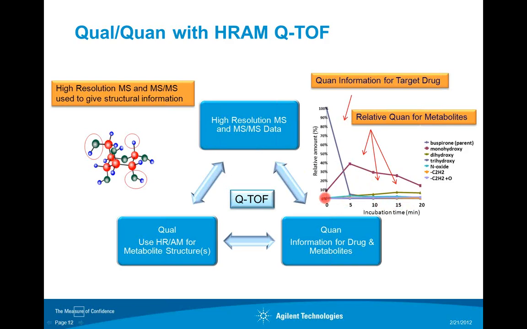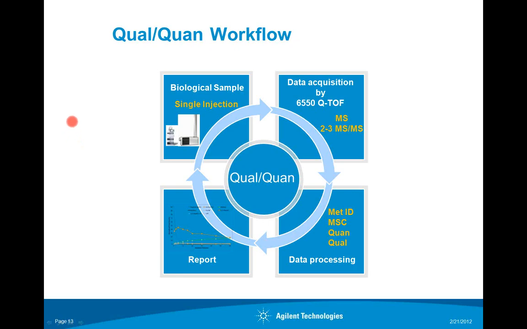What you see here, the metabolic stability profile and the metabolite profiling data were obtained from the accurate mass Q-TOF MS data. For the qualitative analysis, in this case metabolite identification, we identify the metabolites and determine the modification sites based on the accurate mass Q-TOF MS data as well as the MS/MS data.